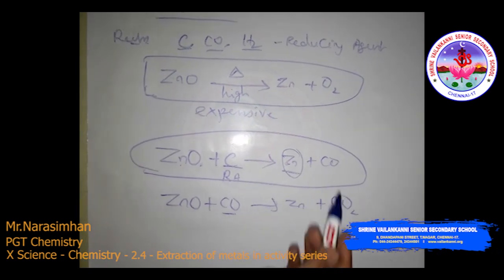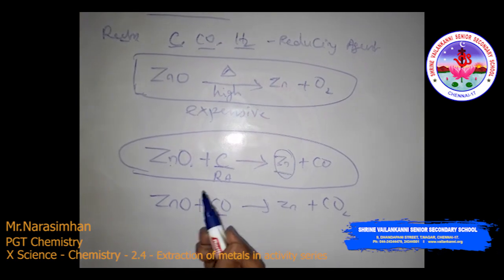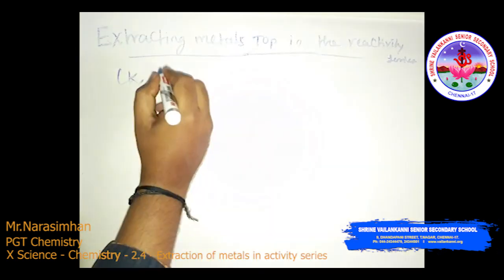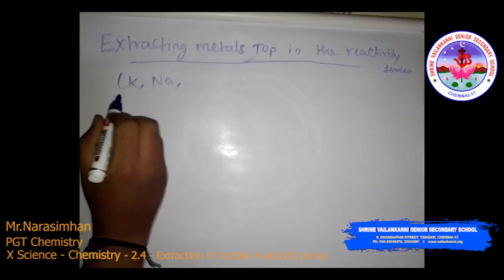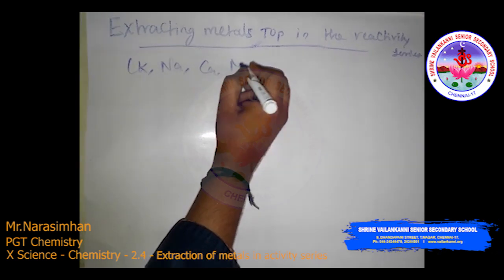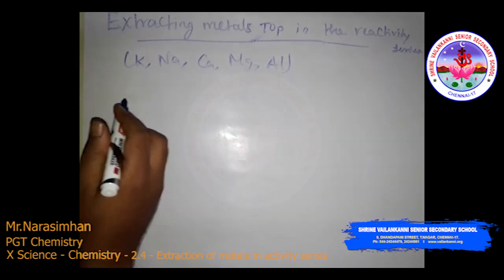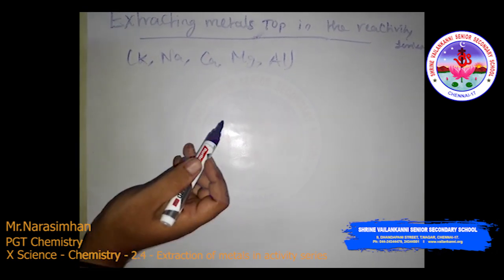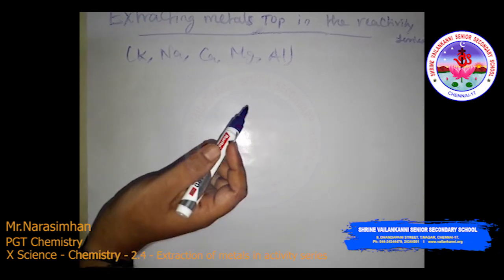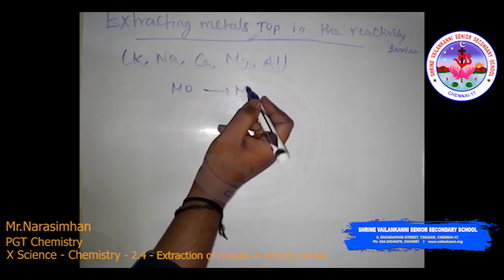Okay, then extracting metals from the top of the activity series, the highly reactive elements. The top reactivity series metals like potassium, sodium, calcium, magnesium, aluminum cannot be reduced from metal oxide to metal with the help of a reducing agent.